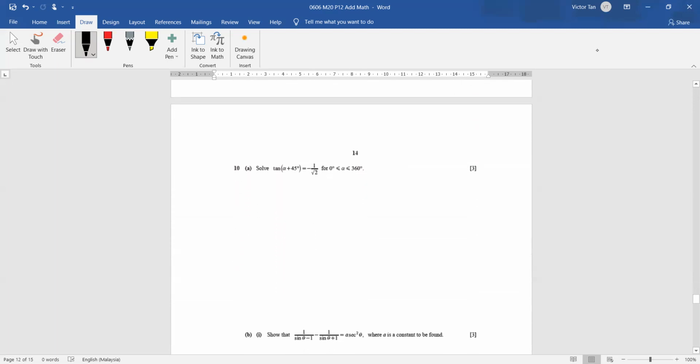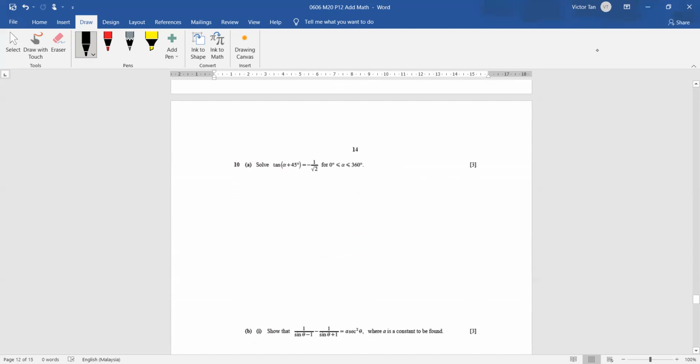Question 10. Solve tan of alpha plus 45 degrees equals minus 1 over root 2. Okay, so the reference angle theta is equal to arctangent of 1 over root 2.